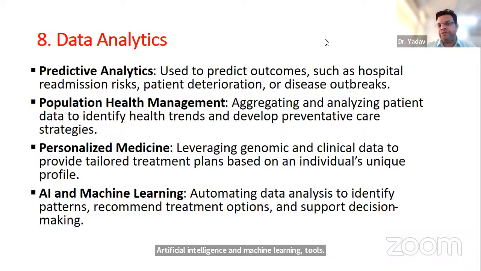Whenever we have a huge amount of data and your data is not fulfilling any particular assumption, you can use various supervised and unsupervised machine learning techniques to identify patterns, recommend treatment options, and support decision making. So these are sophisticated data analytics tools provided by machine learning techniques.